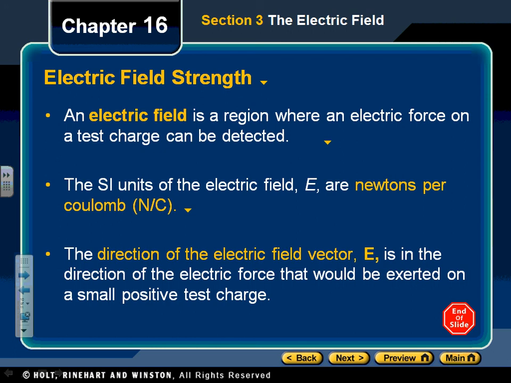The electric field, the symbol for that is big E, and that's basically newtons per coulomb. Again, it's a force, so you have a newton in there, and it's per coulomb, which is the measure of electricity.